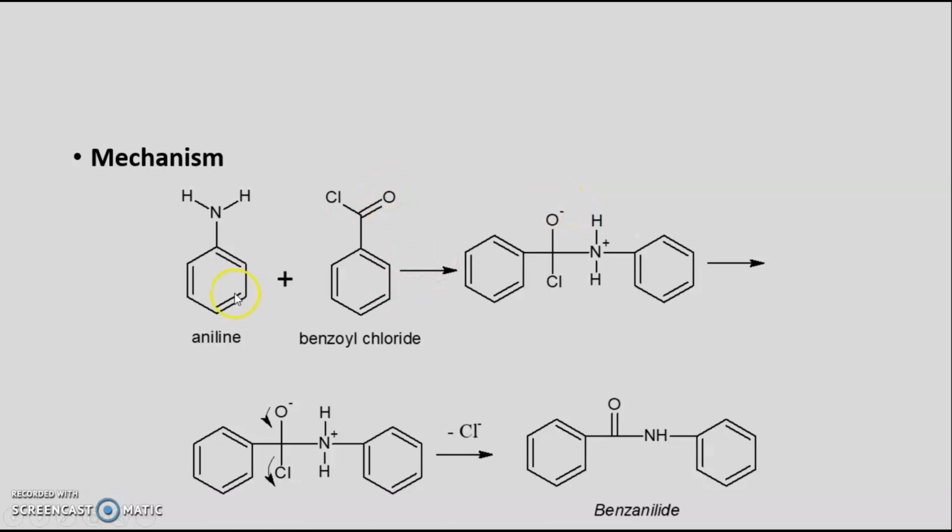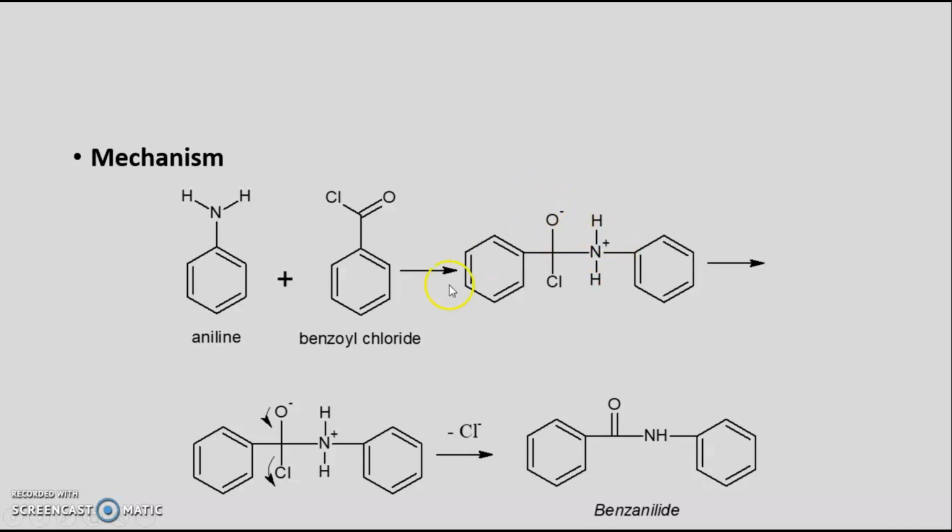So the attack of benzoyl chloride will take place on the nitrogen atom of the aniline. This carbon atom will attack this nitrogen atom, which leads to the formation of this particular compound, that is the intermediate product. Here the nitrogen atom has a positive charge and the oxygen atom has a negative charge.